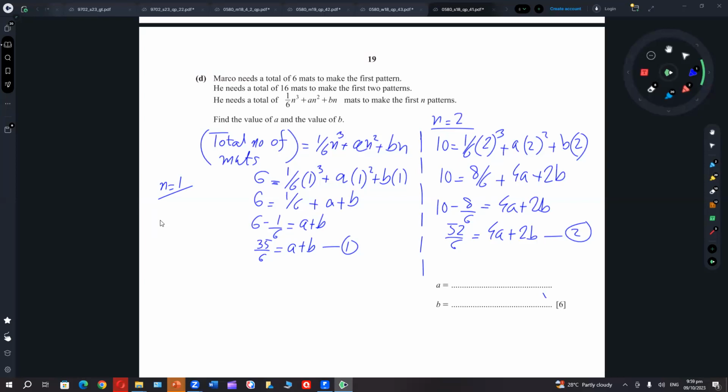You can also do one thing: multiply the first equation by 4 and A would be same, and then you cancel them. So there are two methods. One is called elimination method and second is called substitution method.